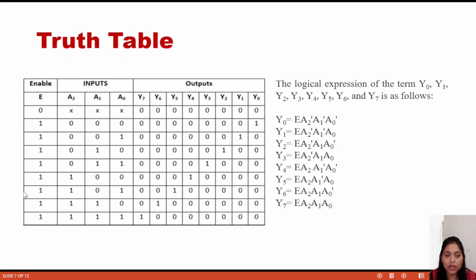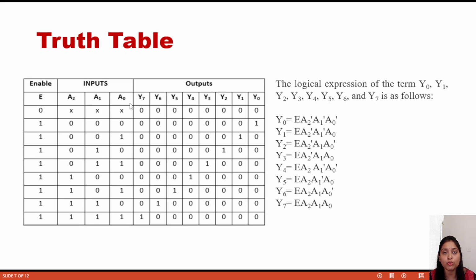Then in all other combinations the enable input will be 1. As it is 3 variables, we will get 2 to the power 3, that means 8 combinations: 000, 001, 010, 011, 100, 101, 110 and 111. Hope all of you know how to design this.